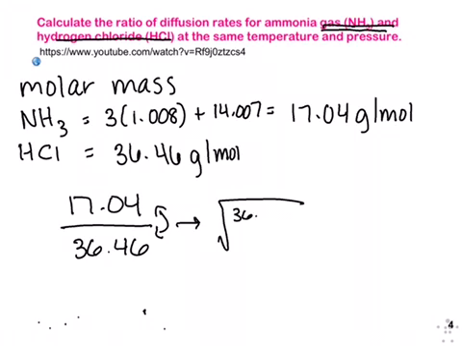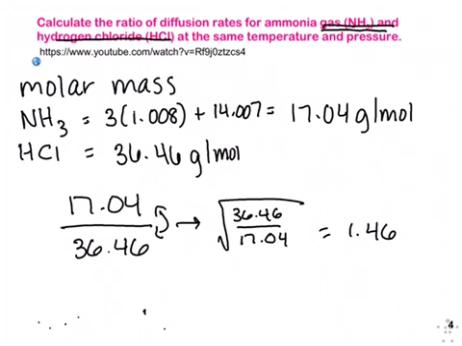So 36.46 over 17.04. Then you can run it through your calculator. When you do that, you should get a value of 1.46. So what the heck does that mean, 1.46? This means that the rate of diffusion of ammonia is 1.46 times faster than the rate of diffusion for hydrochloric acid.